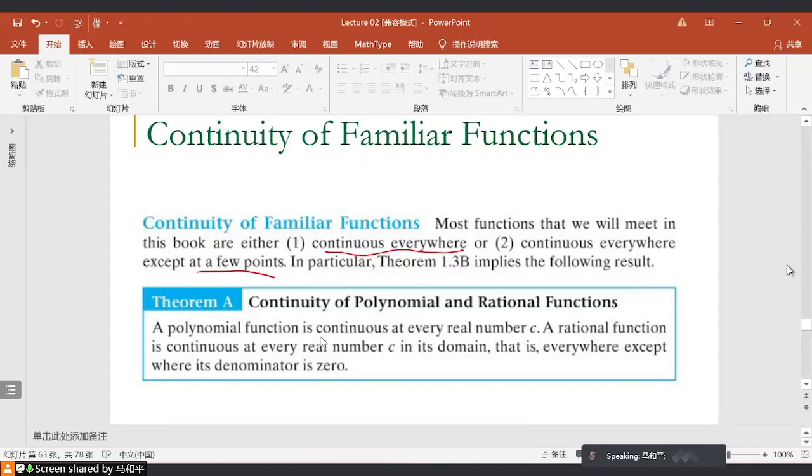A polynomial function is continuous at every real number C. Do you know why?